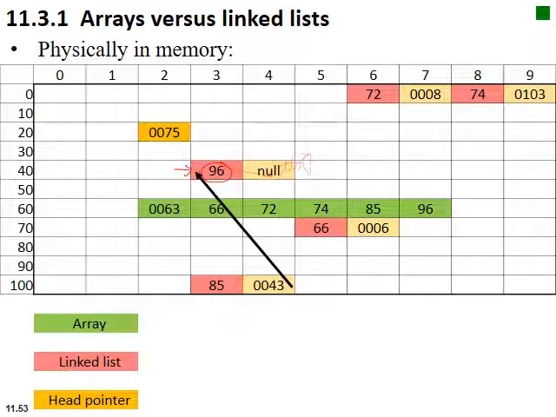Sorry about this, ignore that strange scribble there. But basically 96 is this one over here, and it has the null pointer, as you can see over there. So the null pointer basically means it's the end of the list. It's not pointing to anywhere else, which basically means we are done.